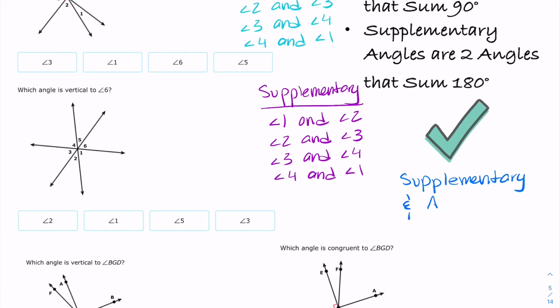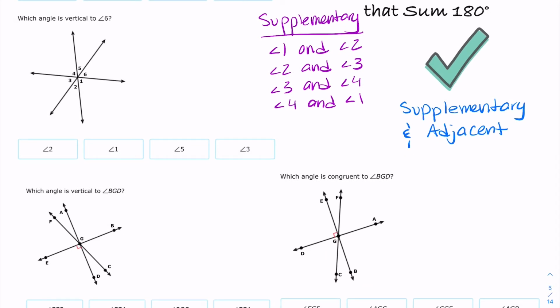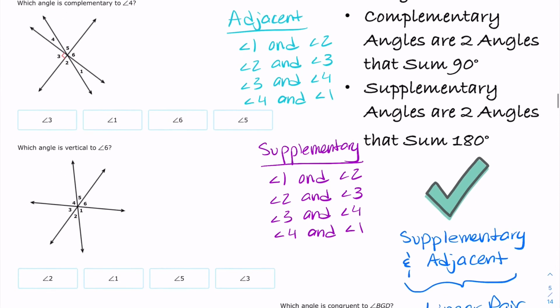That is what we call a linear pair. They're a pair that lie on a line, which makes them supplementary, and they're a pair, it's two of them, so they're adjacent and supplementary.